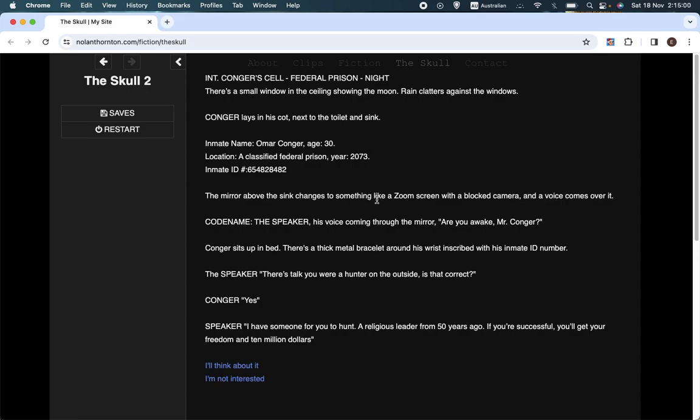And secondly, in this particular case, I'm not completely sure what a zoom screen with a blocked camera is meant to look like. Does that just mean that it's like a video feed, but it's all dark, and that looks different to a wall? I mean, I guess that's what it's trying to say.